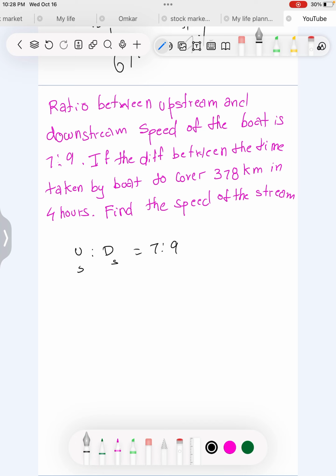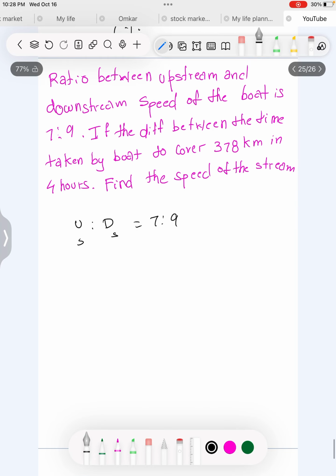If the difference between the time taken by the boat to cover 378 kilometers is 4 hours, find the speed of the stream.